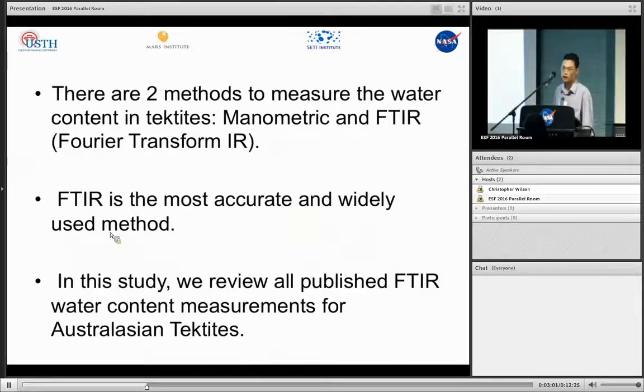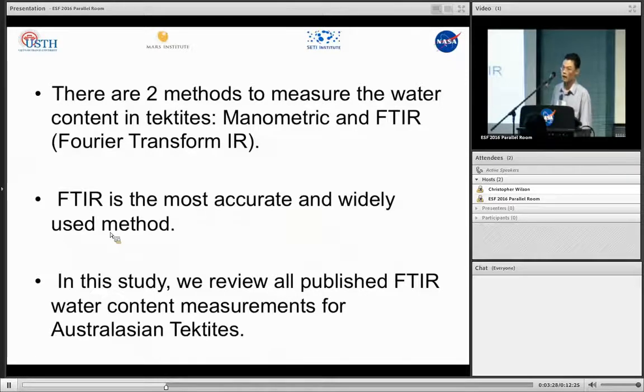To determine the water contents in tektites, there are two methods. The first is the manometric method. You heat up the sample into a vapor, collect the gas, and measure the volume of the gas extracted. From the volume of gas extracted, you can derive the water concentration in the tektite.